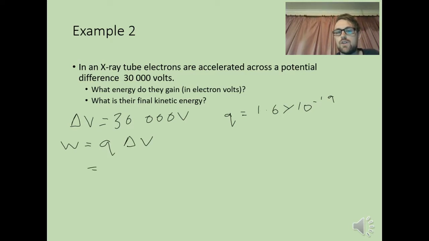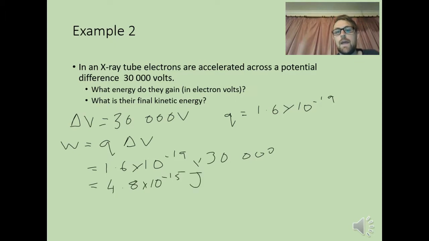So Q is 1.6 by 10 to the negative 19 times by 30,000. Okay. Now we put that into our calculator, and that equals 4.8 by 10 to the negative 15 joules. All right. The question's asked us to find it in electron volts.